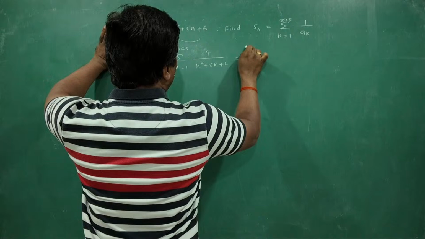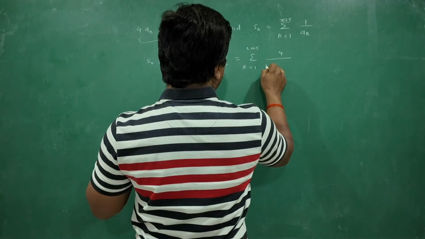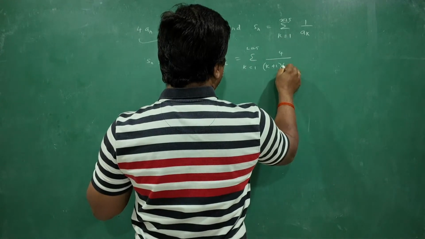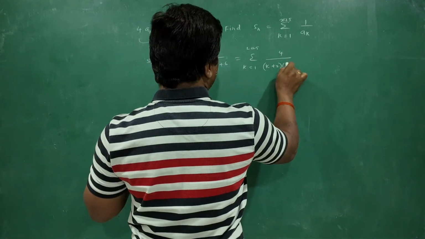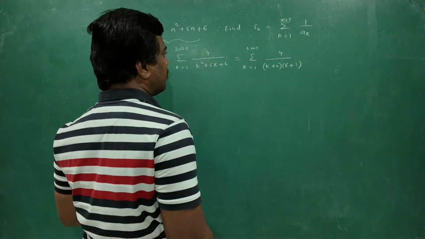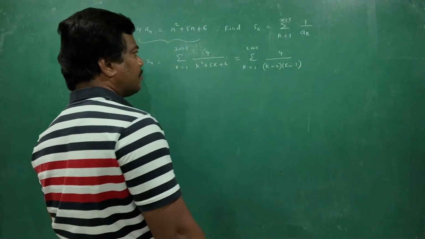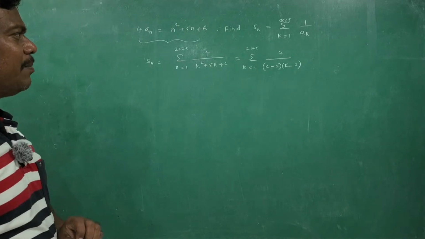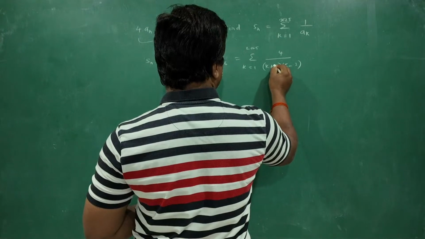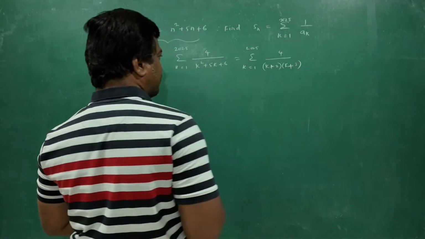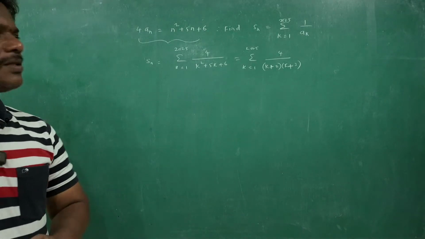Summation k from 1 to 2025 of 4 divided by (k plus 2) into (k plus 3). Sorry, k plus 2, k plus 3. This is a plus sign, right? 2k, 3k, 5k, next 2 into 3, 6.